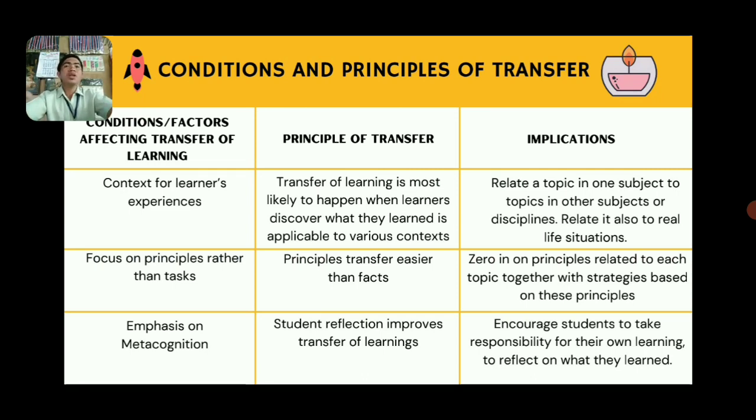If we are able to relate the given topic to real life situations, then the students will be more encouraged to learn, because it is very useful and relevant in our life. For example, we teach the students how to add, subtract, multiply, and divide. And we tell them, class, it is very important, especially as we grow older.